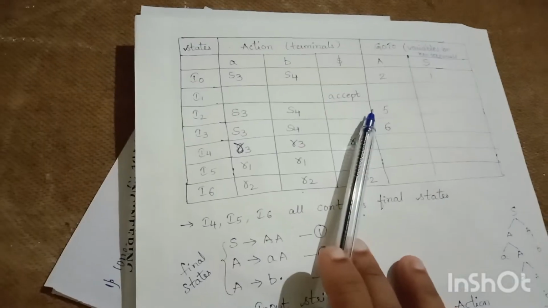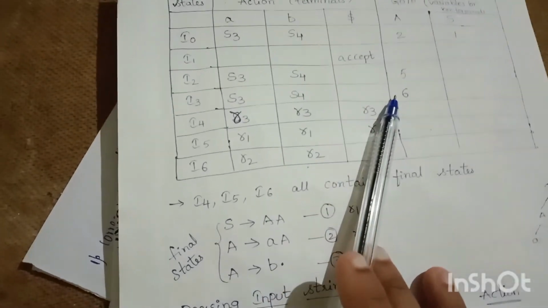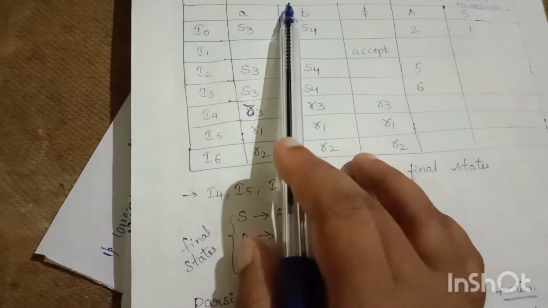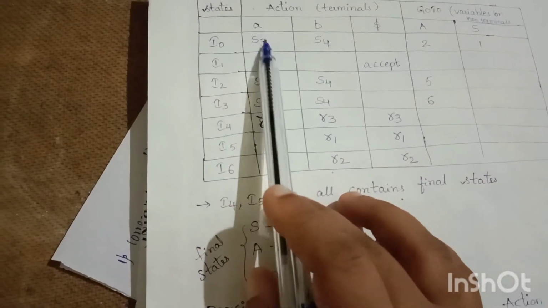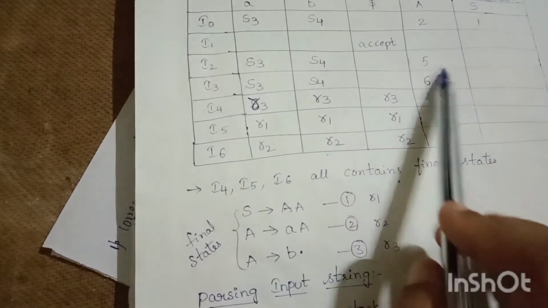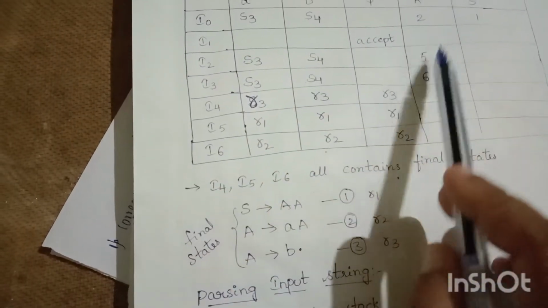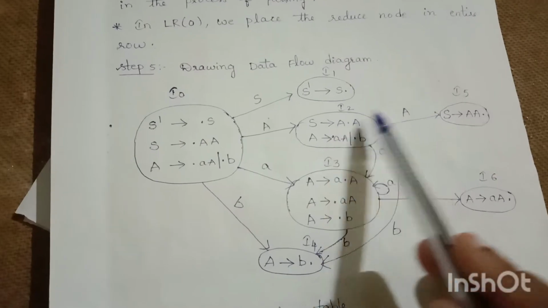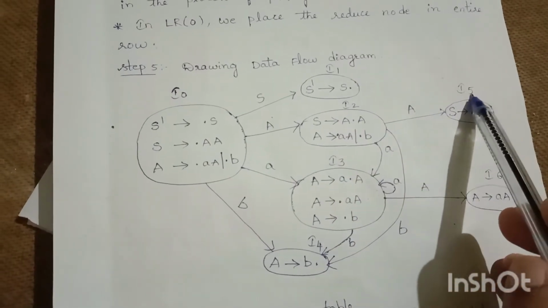So this is called the parsing table. Clear, no? In action we are going to use shift, and in go to we directly write the number. See, state I2 on capital A, it is moving to state I5.